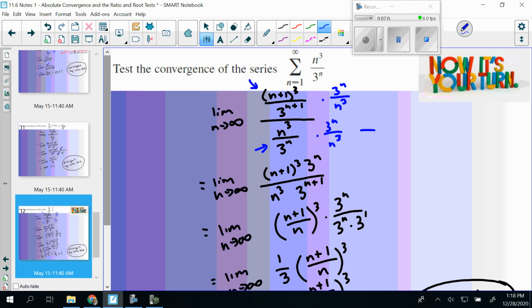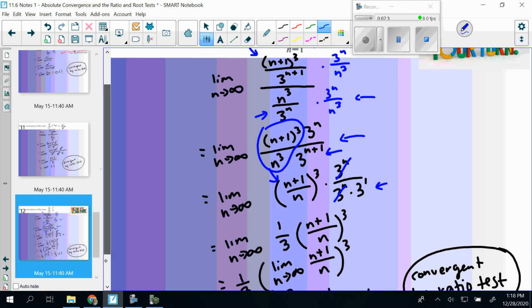I multiplied by the reciprocal of the denominator, which would give us what we got in this step here. With the two terms here, they're both to the third power, so I rewrote them as a fraction all to the third power. And then with my denominator here, I separated that as 3 to the n times 3 to the first power. These 3 to the n's then cancel out.